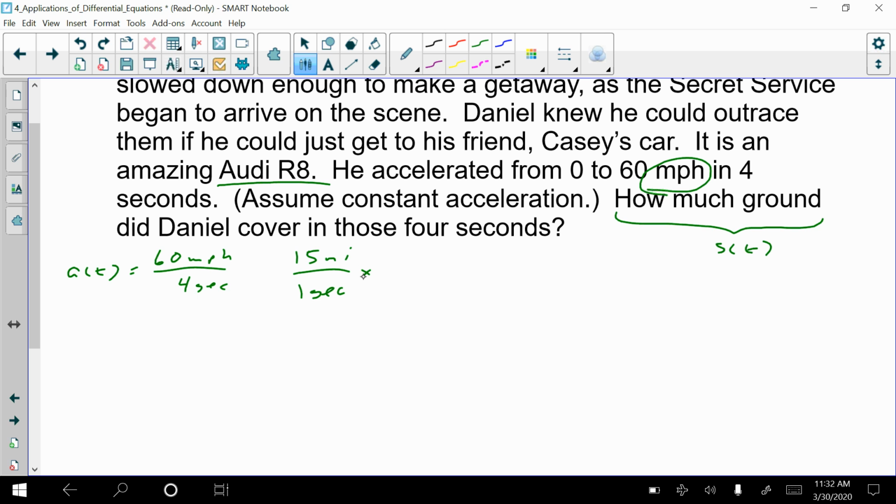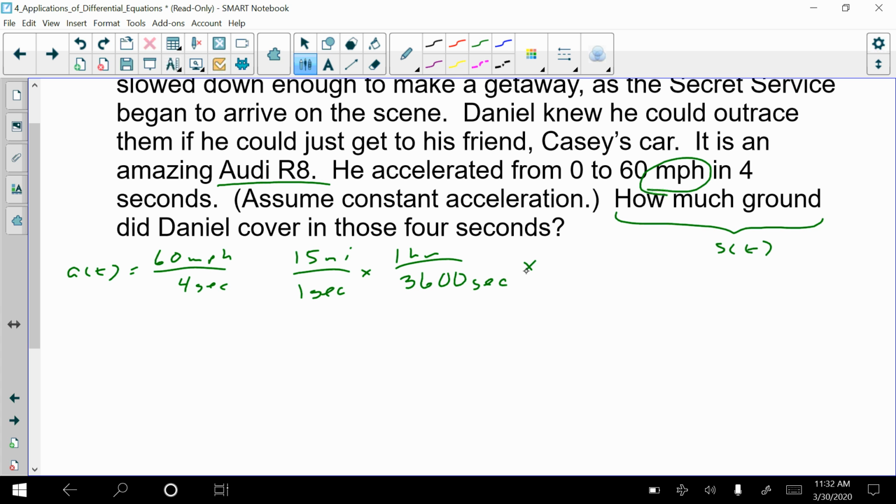And I'm going to multiply that by, let's go ahead and look at the time. We have 1 hour, 1 hour has 3,600 seconds in it.